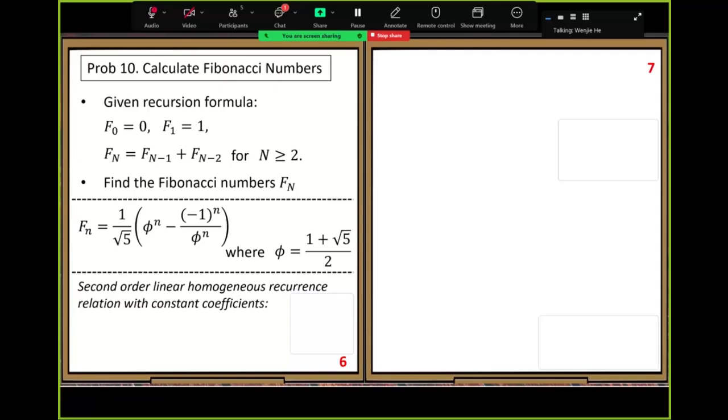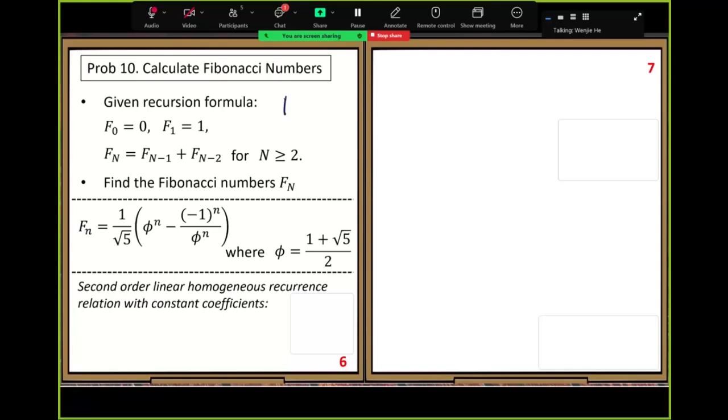So let me explain the meaning. Second order, you already know it. Linear homogeneous. Linear means each term is a linear function, so you won't have a non-linear term.